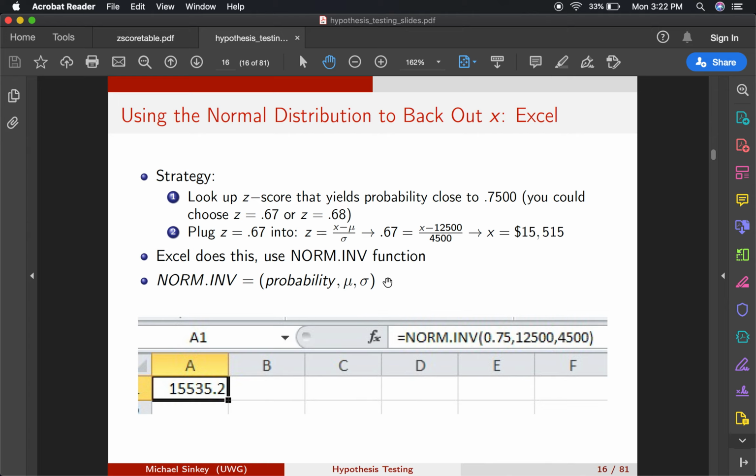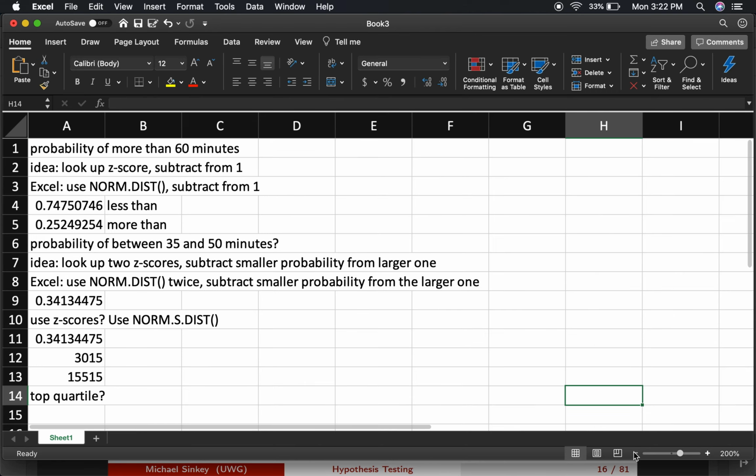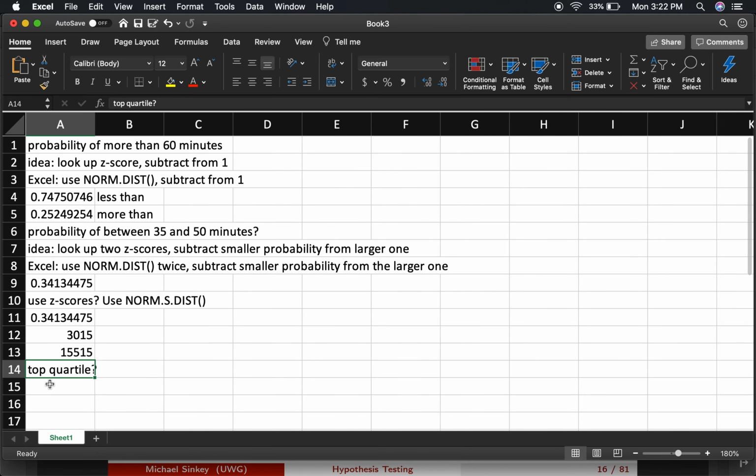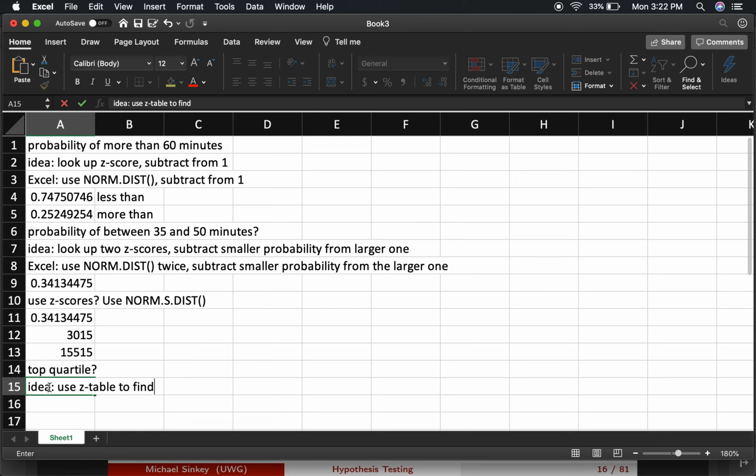Now, Excel will do this for you with the norm.inv function. So the idea for this top quartile question was to use the z-table to find a z-score close to the desired probability of 0.7500, then use the z-score to find x.